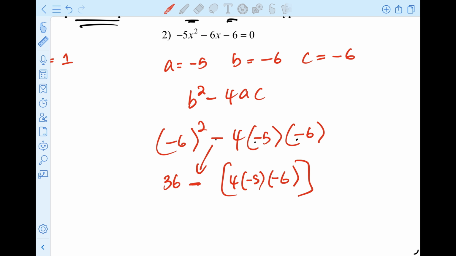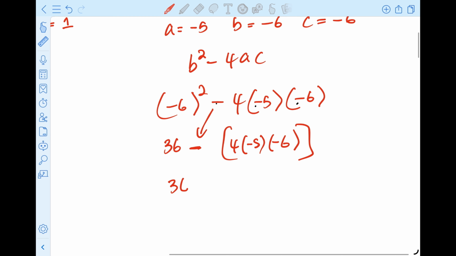So you end up with 36 minus, and then you multiply 4 times 5 and then times 6. So you end up with 120, and a negative times a negative is a positive 120. Then 36 minus 120 gives you negative 84.